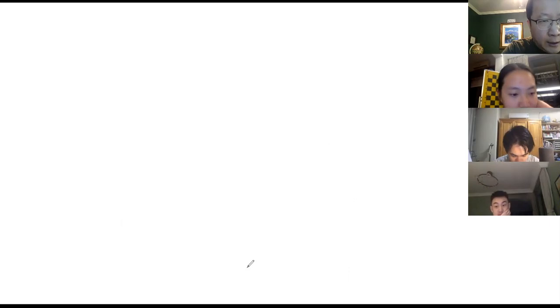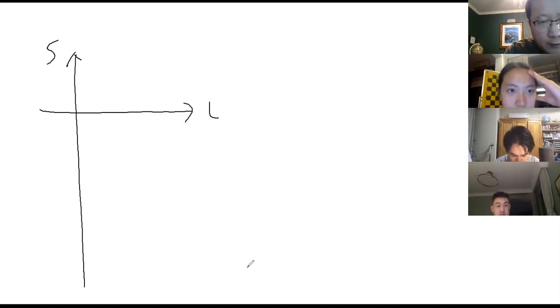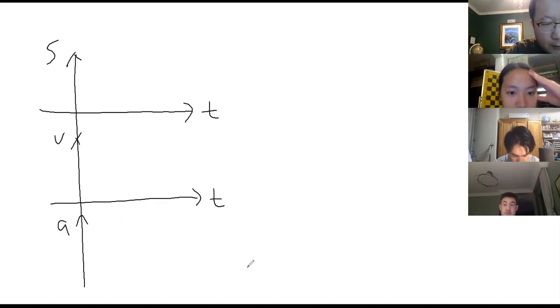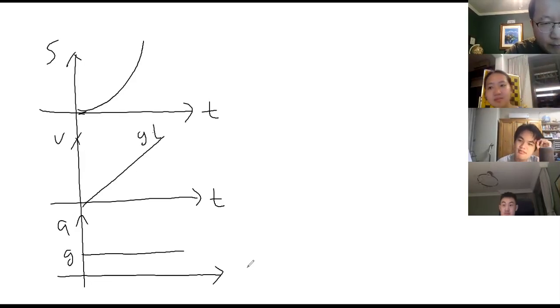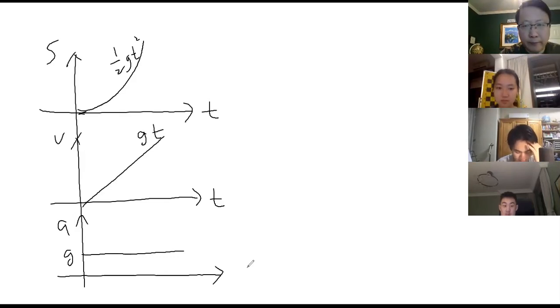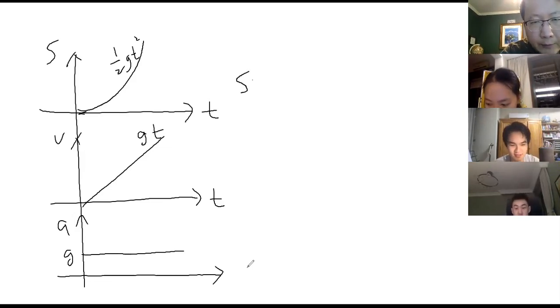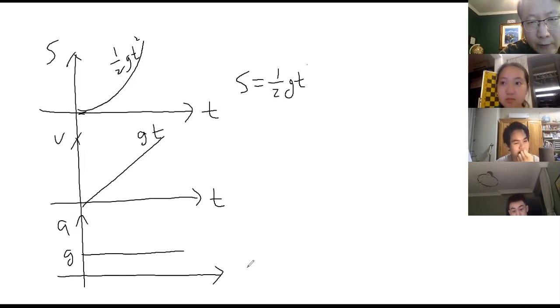So again, I like to redraw everything here. Basically we have S, V, A against T. S versus T is a parabola, V versus T is a straight line, and A versus T is constant: g, gt, and 1/2 gt squared. So S equals 1/2 gt squared.